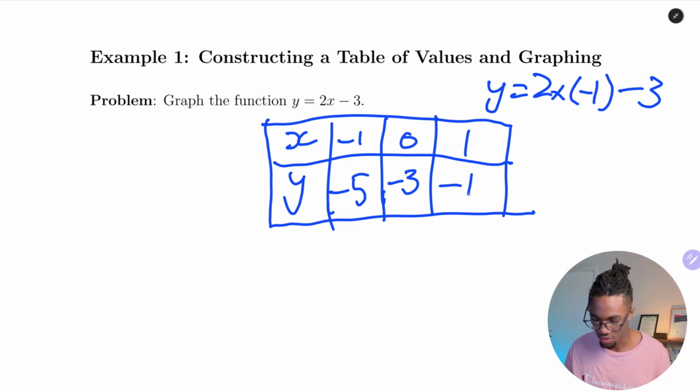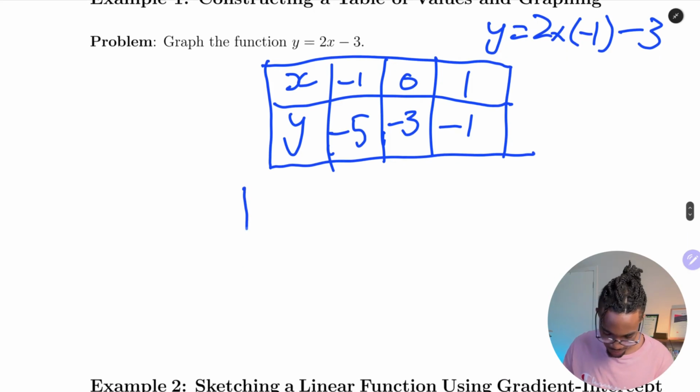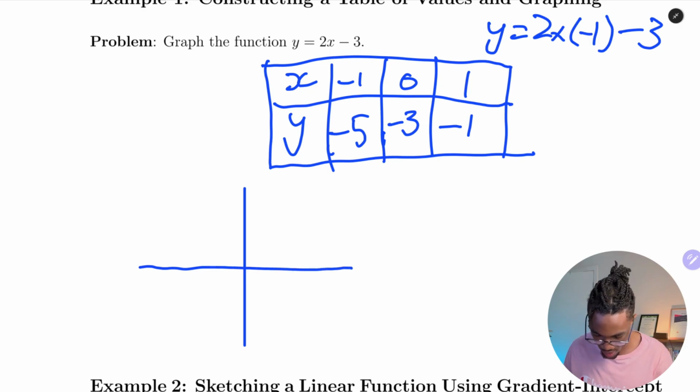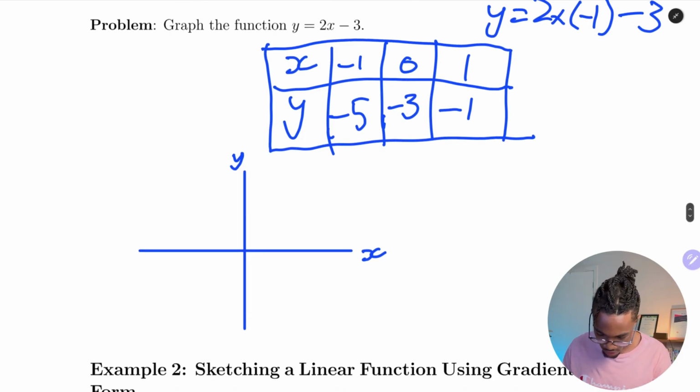That's -1. And so if we draw a graph here, this being your x and this being your y, we put the points in. So -1, 0, 1.